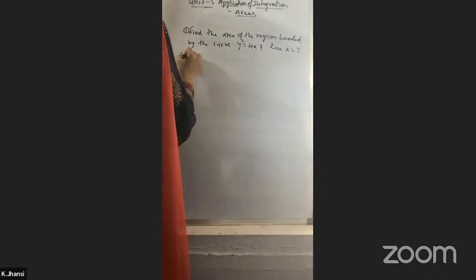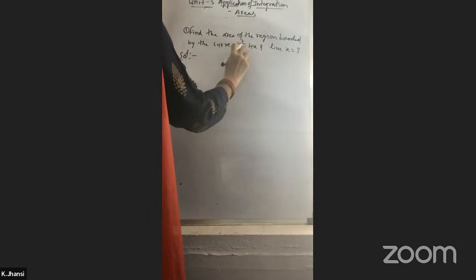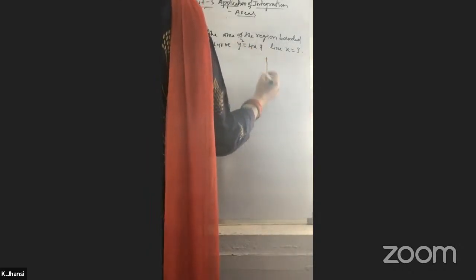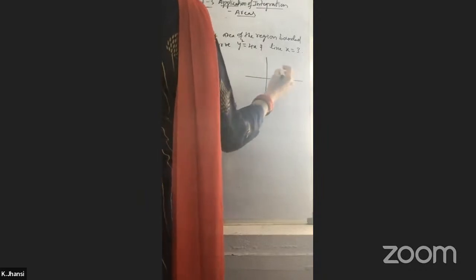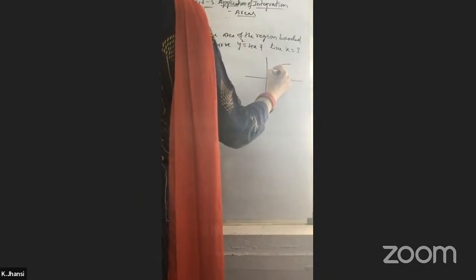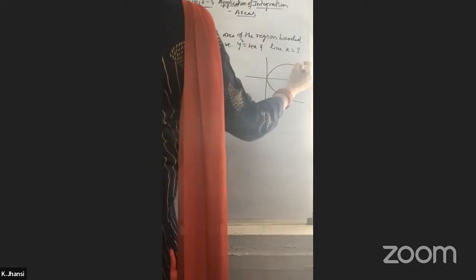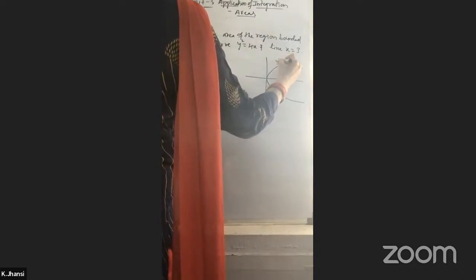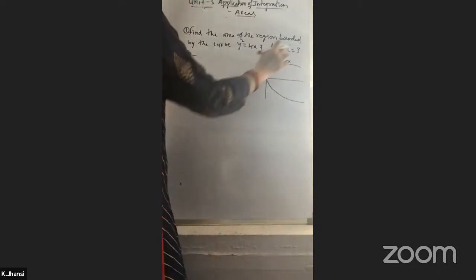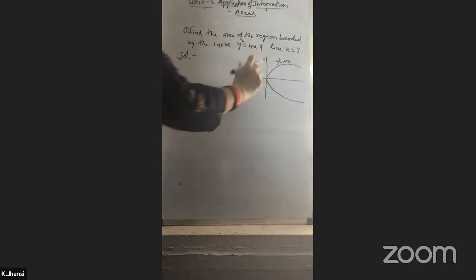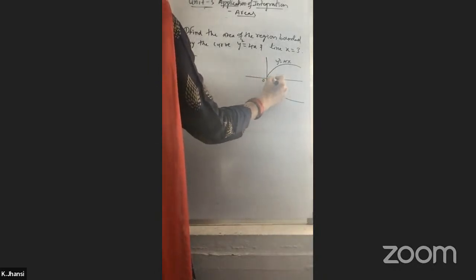First you plot the graph here. y square equals 4ax, as we have just seen, will be like this. This is y square equals 4ax. And the line x equals 3 will be parallel to the y axis. Here it is 0, here 1, here 2, here 3.